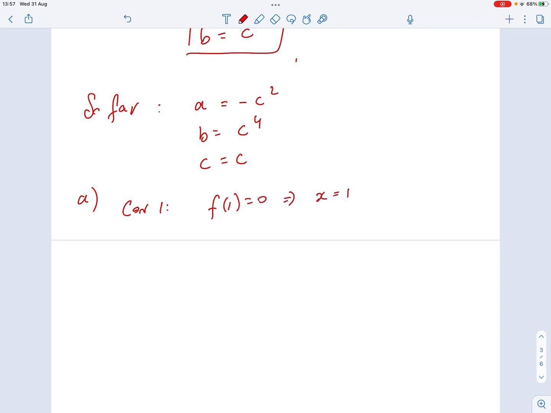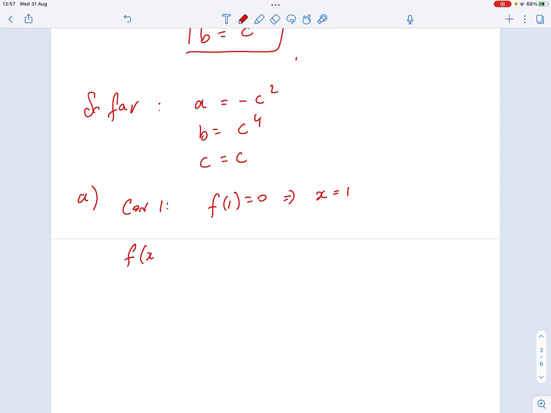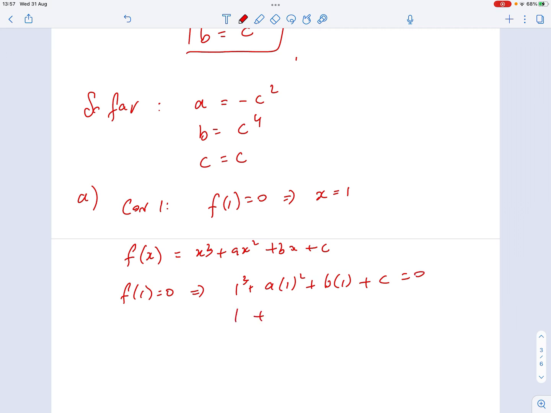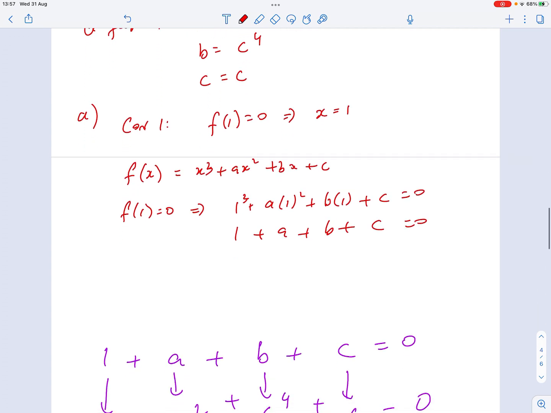What that means, this is x equals 1, and if we sub that into our f of x, which was x squared plus ax squared plus bx plus c, we're going to end up with 1 squared plus a 1 squared plus b times 1 plus, and that's a cube, plus c equals 0. And we get 1 plus a plus b plus c equals 0.